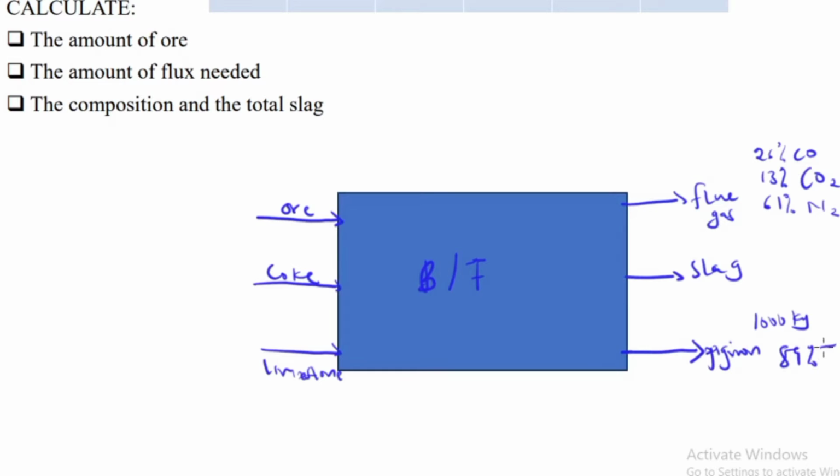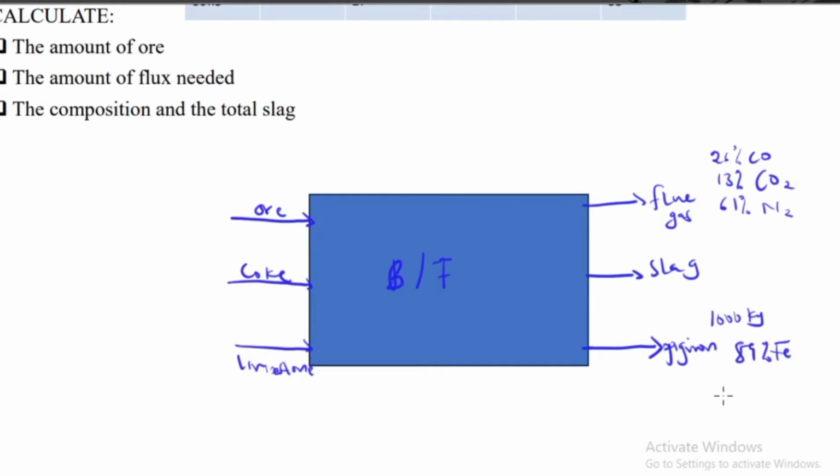Now the coke, they gave us that the coke is loaded at 1,500 kilogram. So we have this. This is the flow sheet. That's material balance. Mass in is equal to mass out.